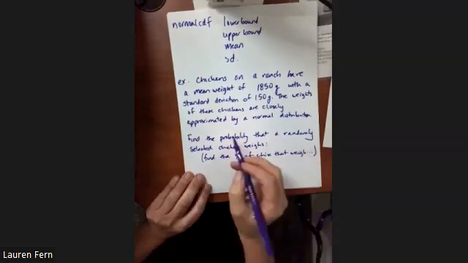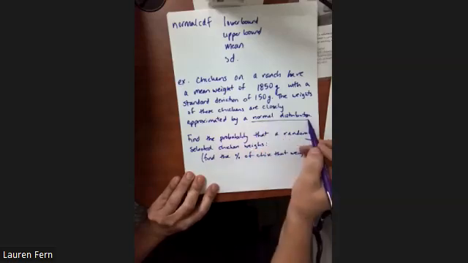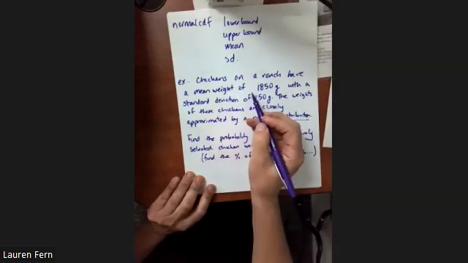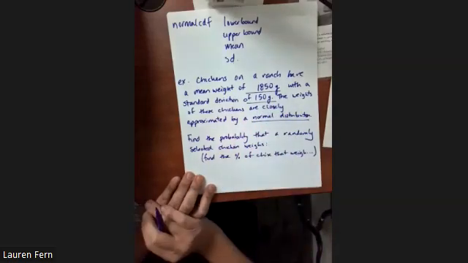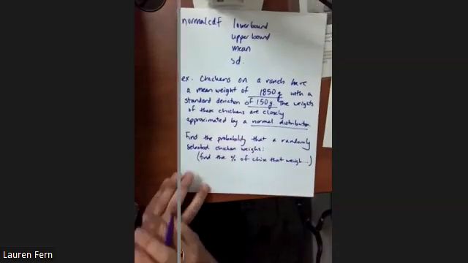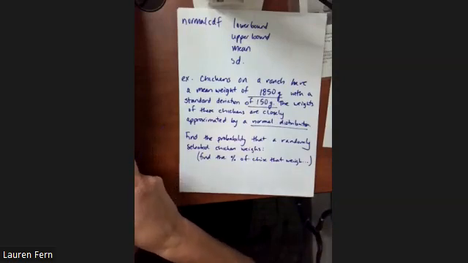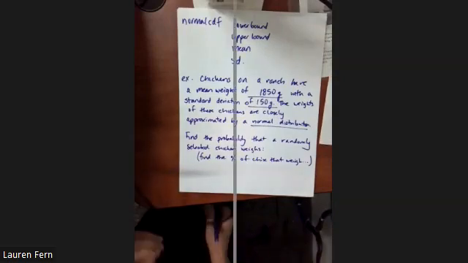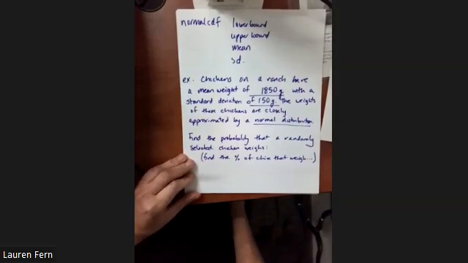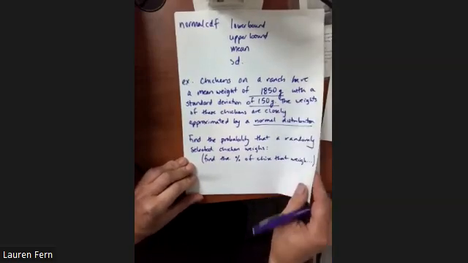But I want you to notice you're told that it's a normal distribution, you're given your mean, and you're given your standard deviation. That's about the biggest hint that you can have in terms of how you're going to go about doing these computations. Okay, you ready?